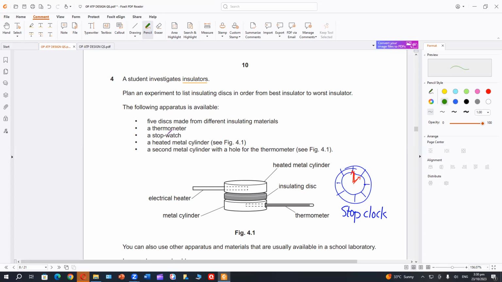He's actually checking the insulator, like when we put something hot on a table, we put a mat. The time taken for the temperature to rise.